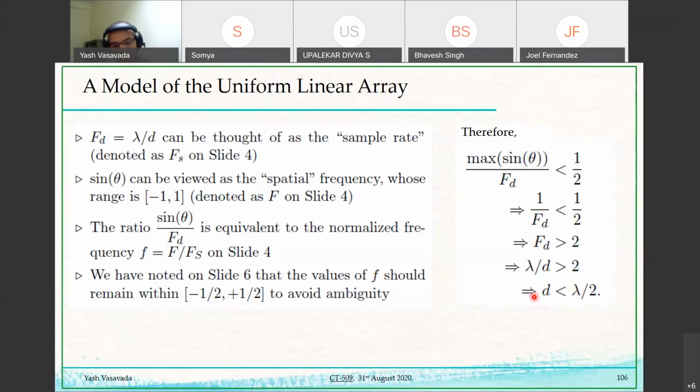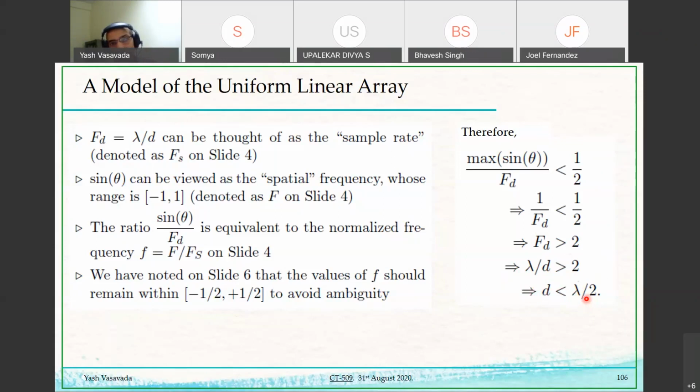In the traditional Nyquist requirement, the sampling rate has to be twice the maximum frequency. Whereas in the antenna arrays, we cannot increase the separation between the antenna elements to become bigger than half the wavelength.